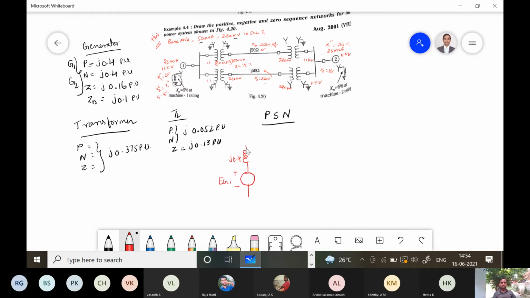So transformer 1 positive sequence reactance, transformer 2, after that the transmission line, then transformers 3 and 4: T1, T2, T3 and T4.